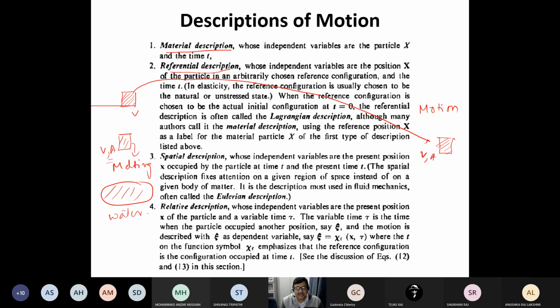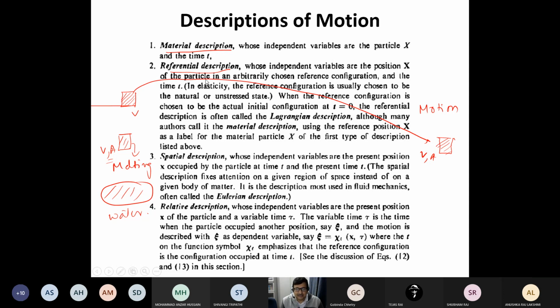Based on that, you generate a relative description. This description is always the present, and the present is always defined by small x, which is also called the Eulerian description.